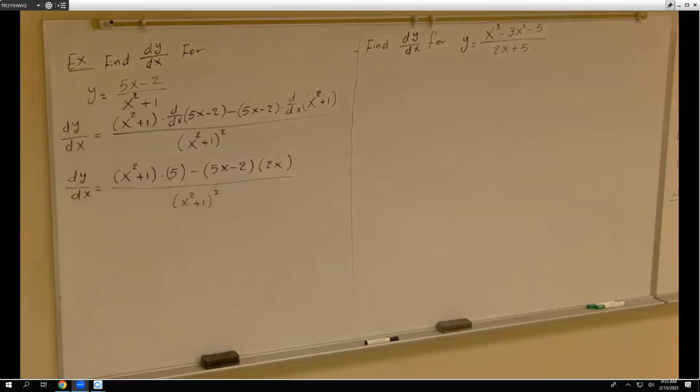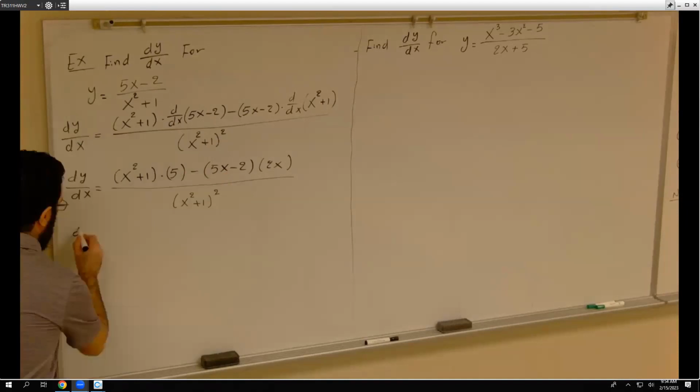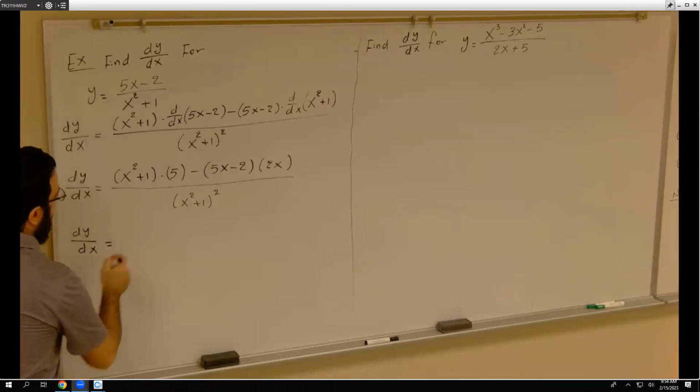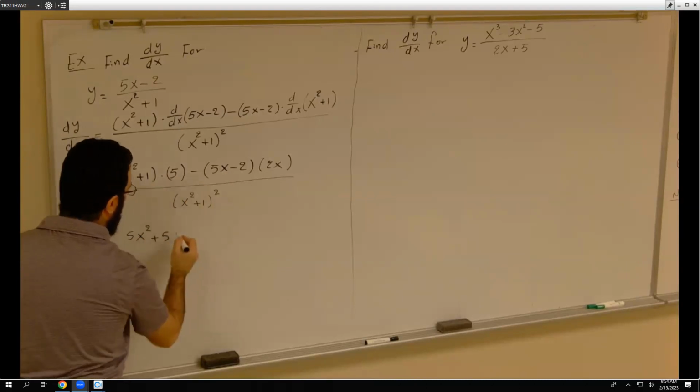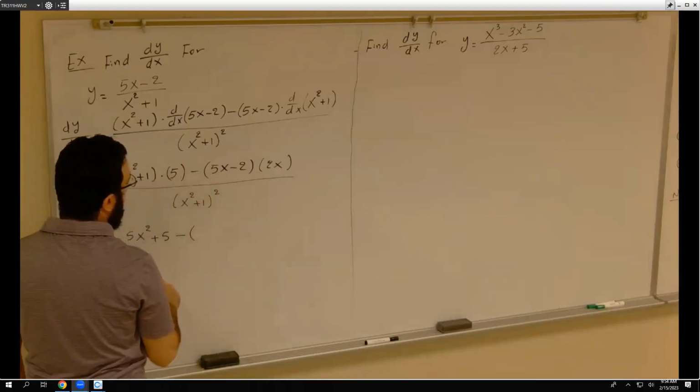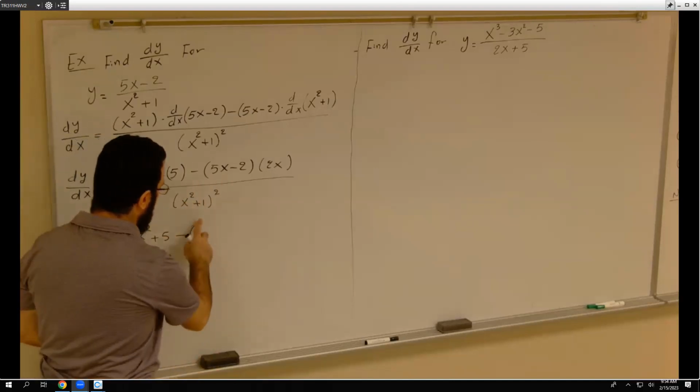Now, can we simplify it? Let's try. Distribute the 5 and distribute the 2x. So dy over dx is going to be equal to 5 times x squared is going to be 5x squared plus 5, minus, be careful here, 2x times 5x is going to be 10x squared, and there is minus here, so it's going to be minus 10x squared.